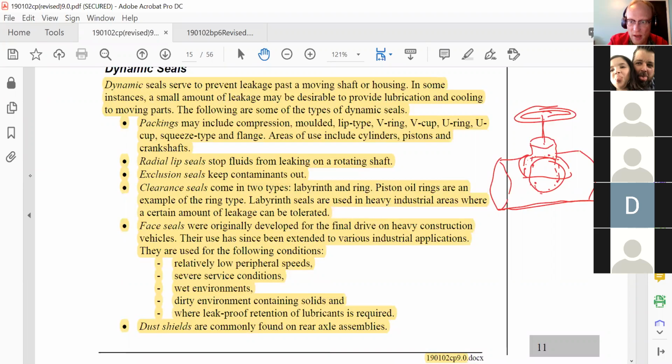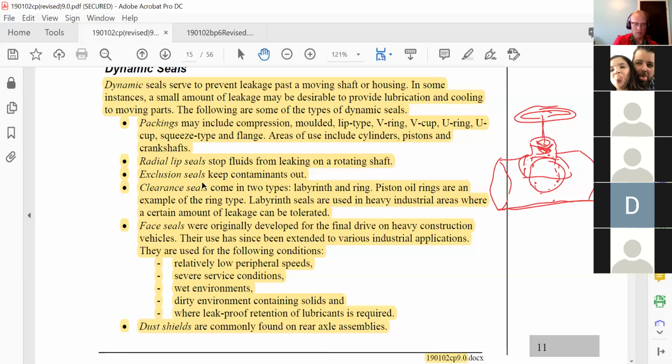So this goes up and down, and that's how it seals the pipe. There's going to be packing inside of here, okay? That's how they'll seal that, very common. Radial lip seals. This is what we've seen when we talk about a wheel seal. That is a radial lip seal, okay?